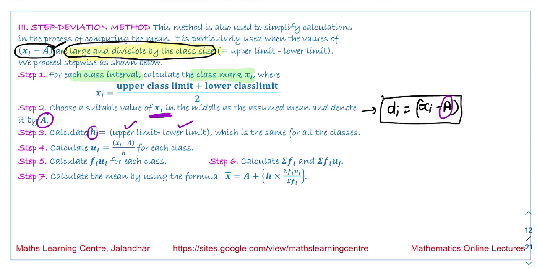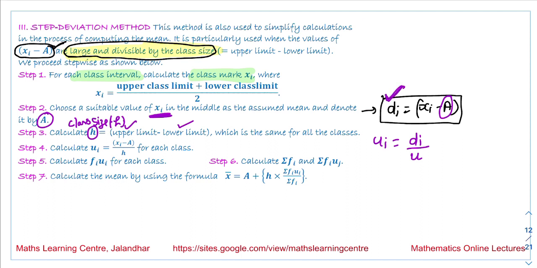Now we have calculated the value of h, which is the width of the interval, or class size. If all these values di are divisible by this h, then we calculate the value ui using di upon h.